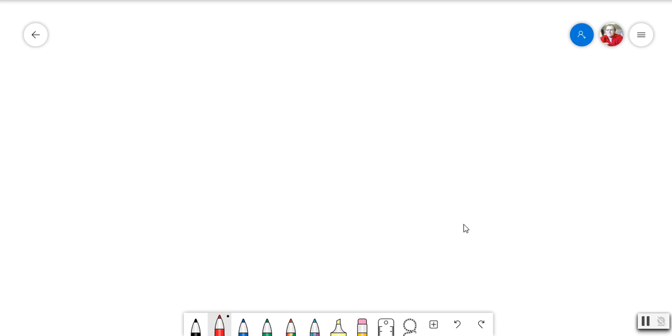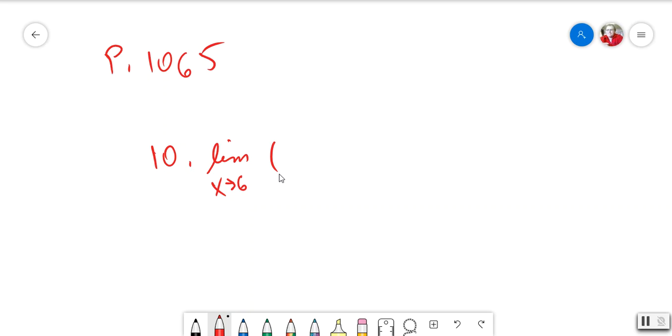So the question I was asked was about page 1065, numbers 10 and 12. I'm going to do 10 only. 12 works the same way. It's not hard. So, the limit as x goes to 6 of the quantity 2 minus 3x.